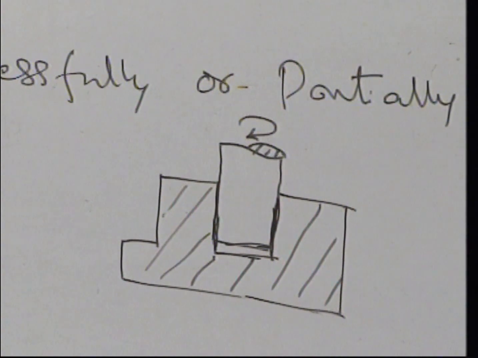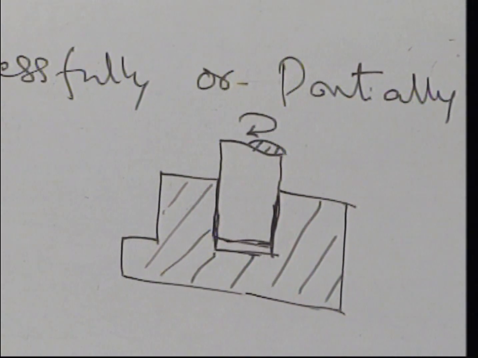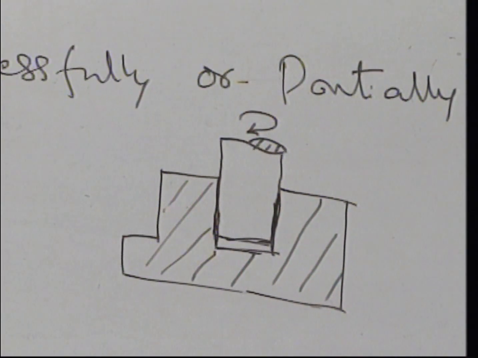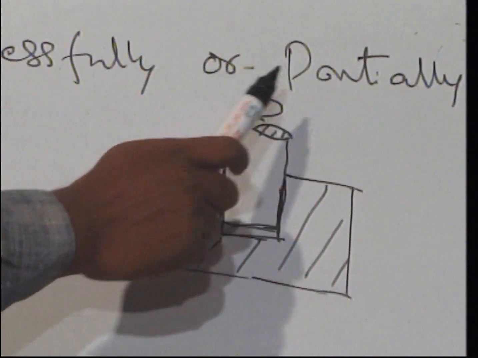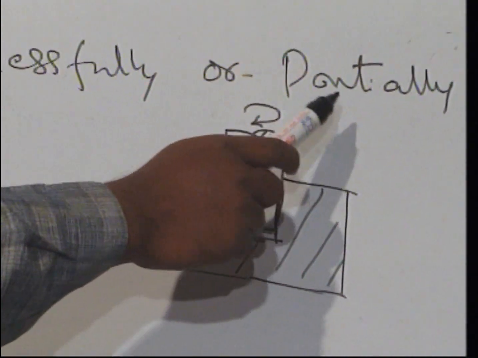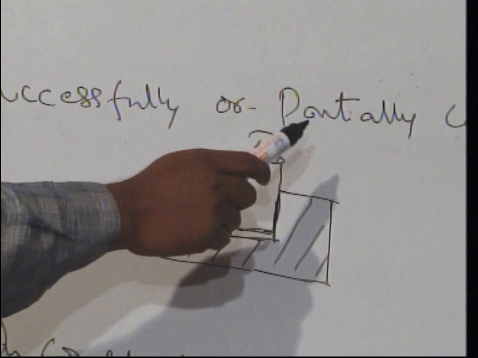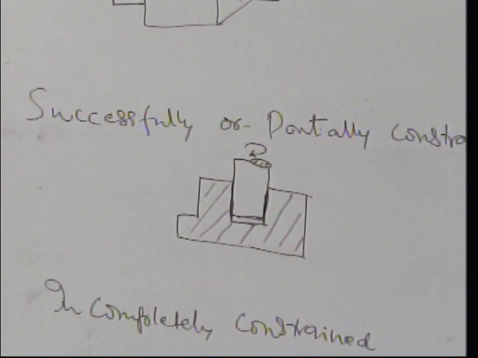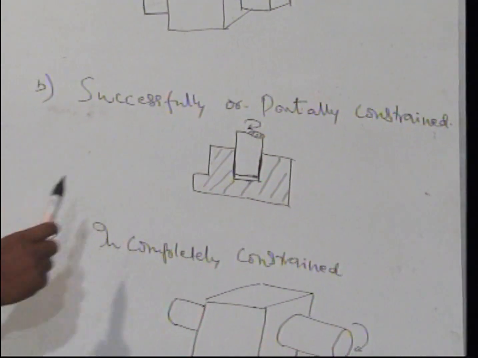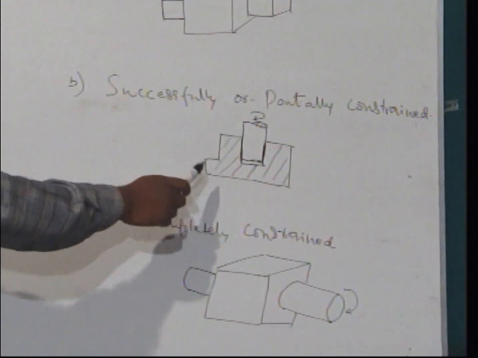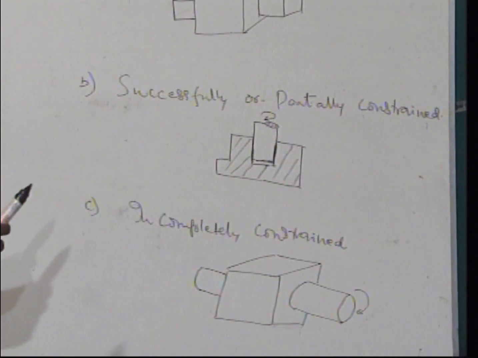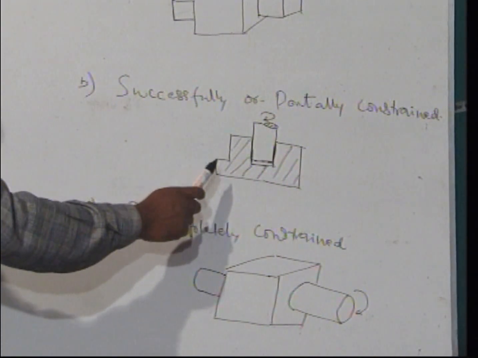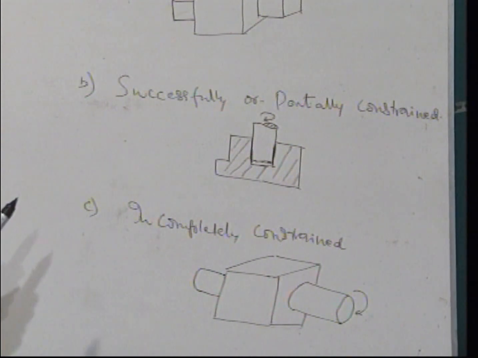It is not totally defined movement. So, it is called a partially constrained or successfully constrained motion. Another example we can quote in this regard is the internal combustion engine valve.